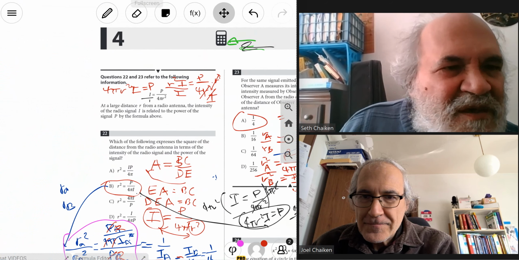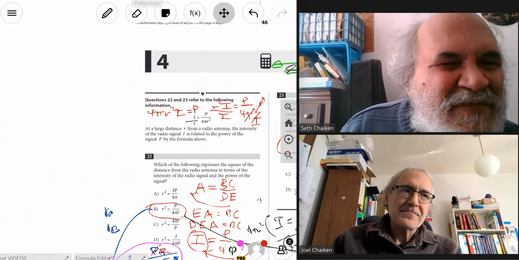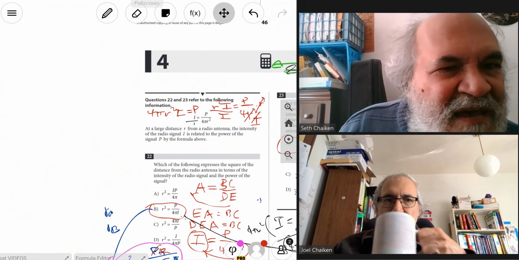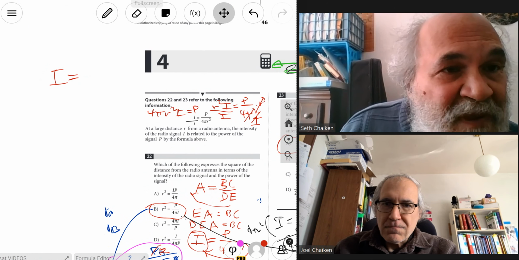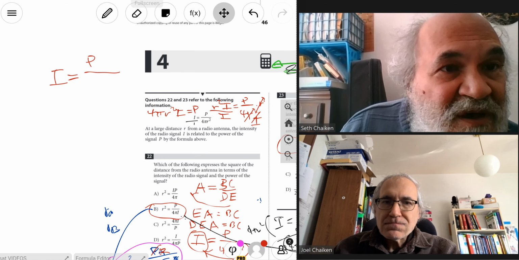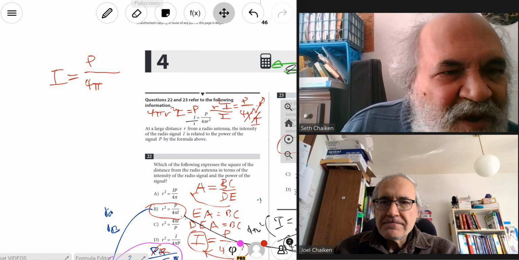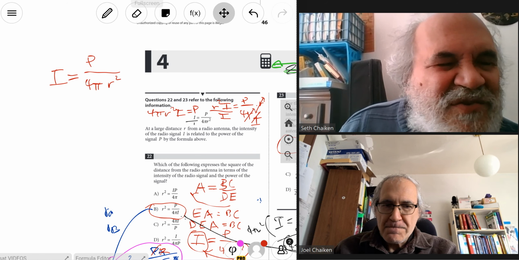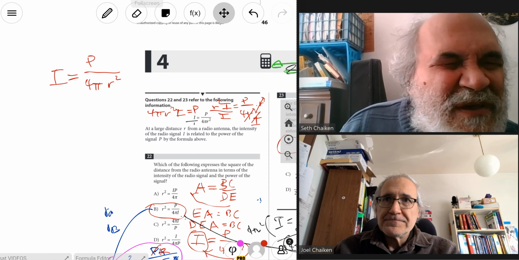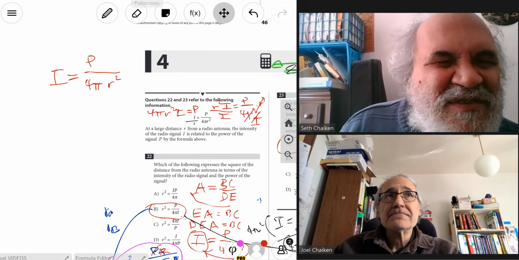So, the law of intensity and distance is intensity equals the power of the transmitter divided by 4 pi times the distance to the antenna squared. So, what if we double the distance?